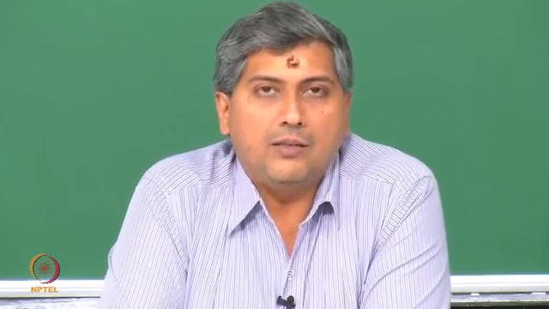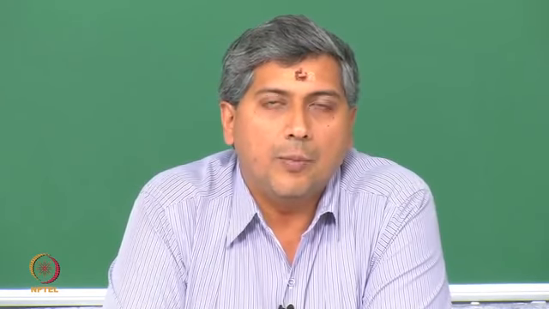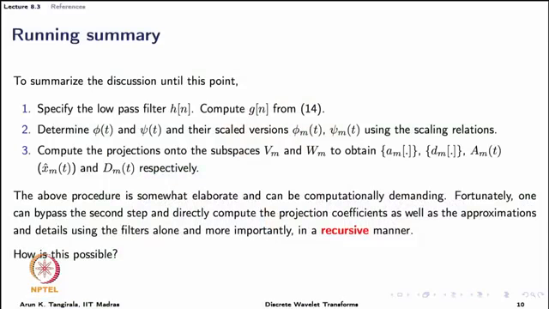Now, the main difficulty with these 3 steps is it is computationally quite demanding, and we should find means of computing this in an efficient manner, and fortunately for us there exists an efficient manner, as I had mentioned earlier, where you can bypass step 2, which is the computation of the scaling function and the wavelet function from the filters.